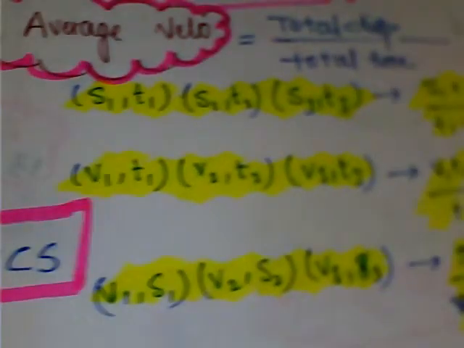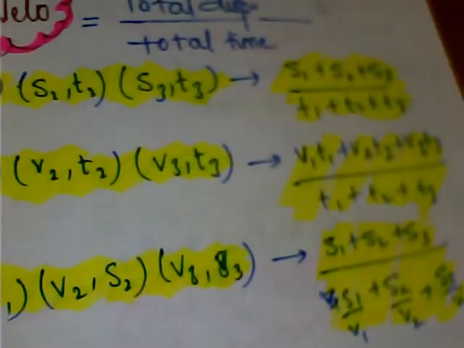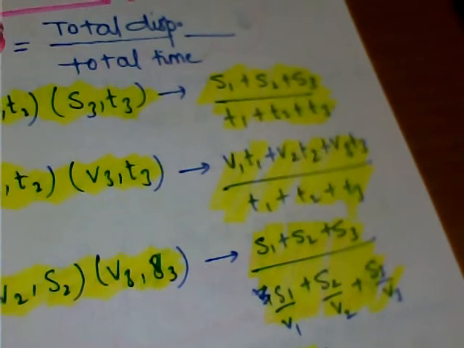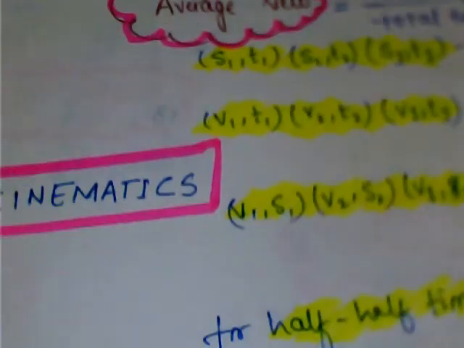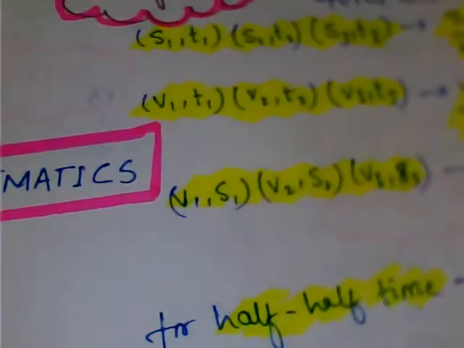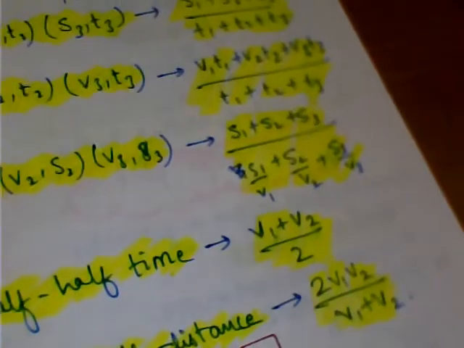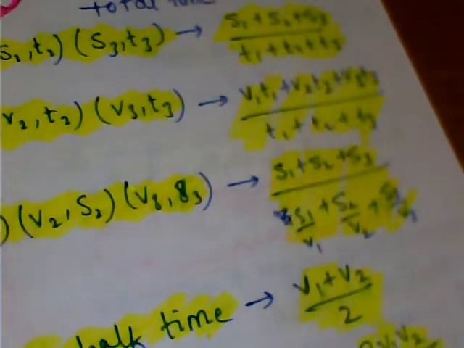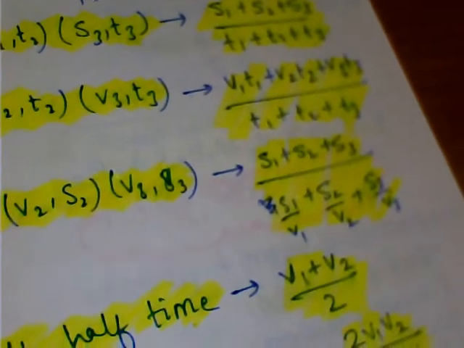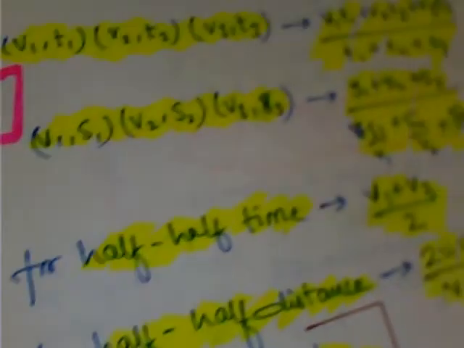When we are given velocity and time for different intervals, then average velocity is (v1t1 + v2t2 + v3t3)/(t1 + t2 + t3). And when we are given velocity and distance like v1, s1, v2, s2, v3, s3, then average velocity will be (s1 + s2 + s3)/(s1/v1 + s2/v2 + s3/v3), that is total displacement upon total time.